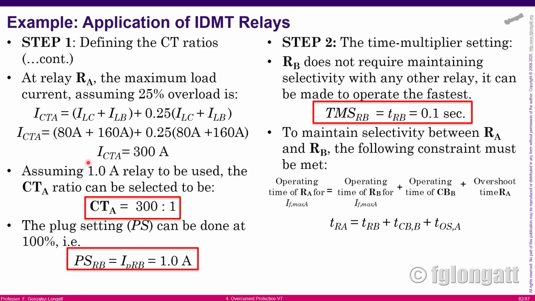That means that the maximum current moving on the line AB, and that is the current that should be moving across the CTA, is 300 amps, okay? For that reason, we will select the primary using 300 amps, and then for the secondary, we assume that we are using relays that use 1 amp. For that reason, we specify the current transformer again. The current transformer at position A will be 300 to 1, okay?